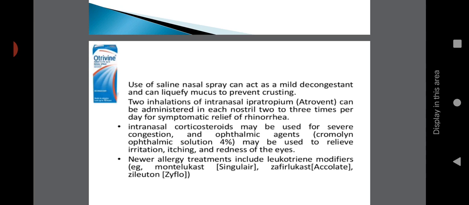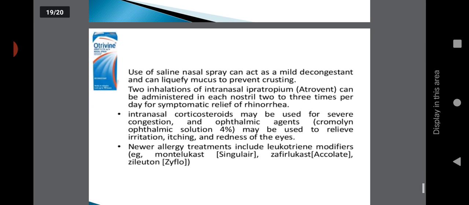Ipratropium can be administered in each nostril 2 to 3 times per day for symptomatic relief of rhinorrhea. We have seen in the clinical manifestation that it can remain for 5 to 8 days, or more than 7 days. In that condition, we can provide intranasal ipratropium or Atrovent. It helps to relieve rhinorrhea and other possible symptoms.